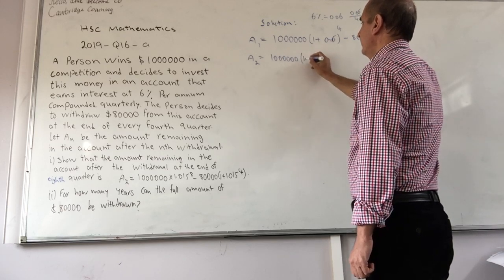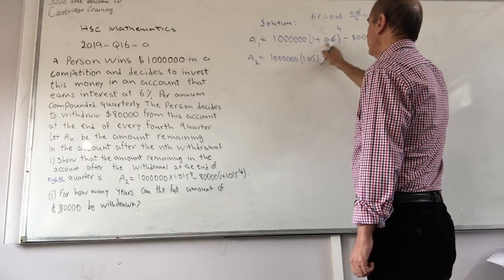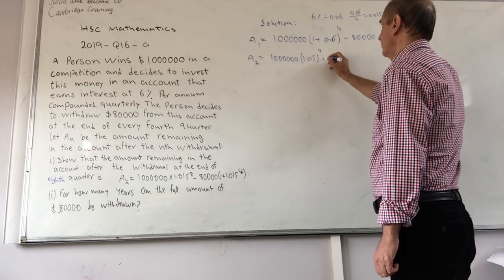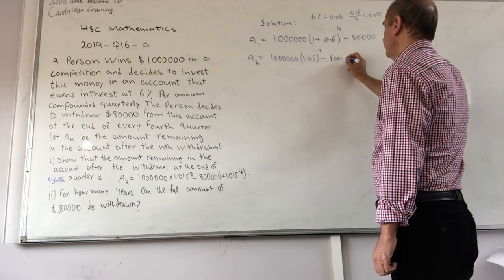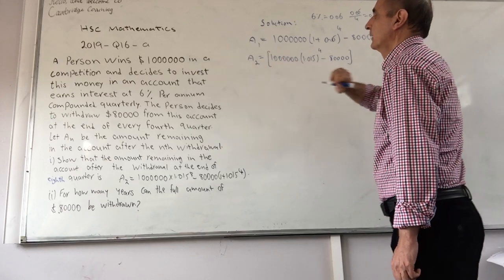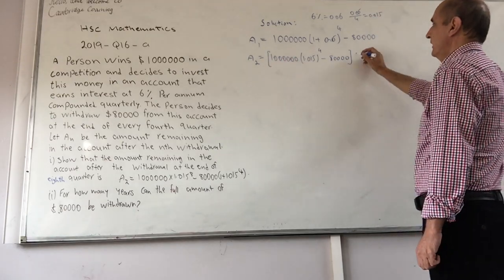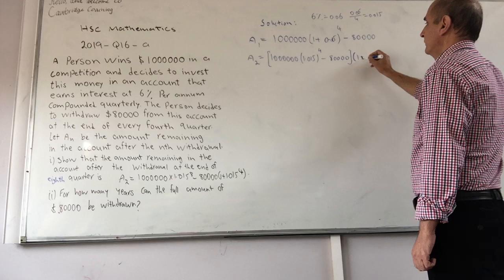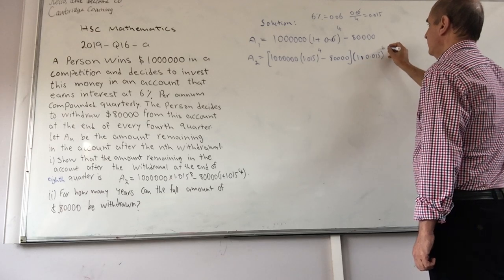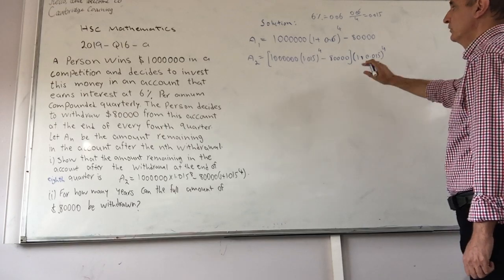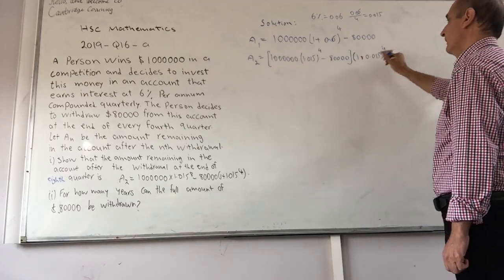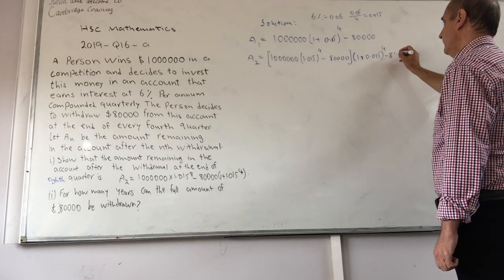So I can write it as (1 plus 0.015) to the 4 minus 80,000. That's the amount we started with, and again this stays for another 4 quarters. So we need to times by that to see how much this money grows to, minus another 80,000.